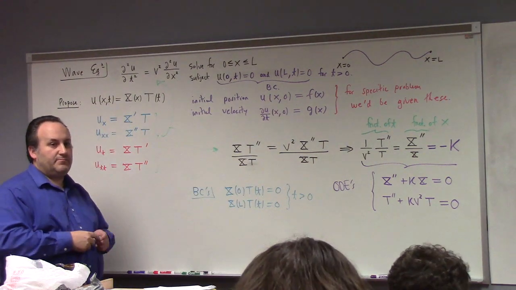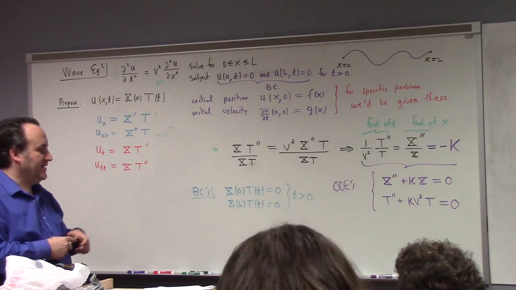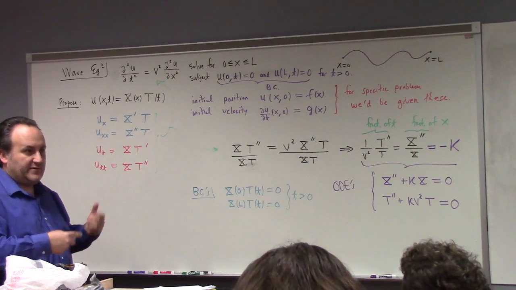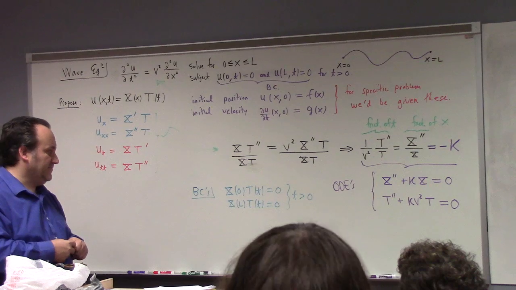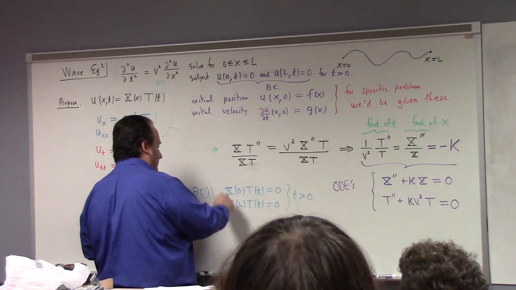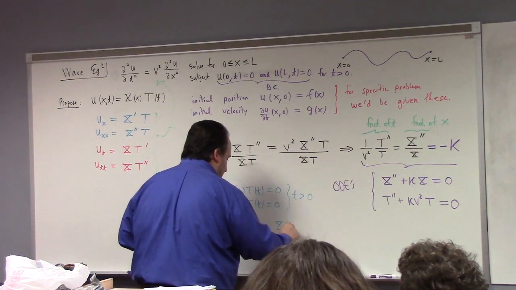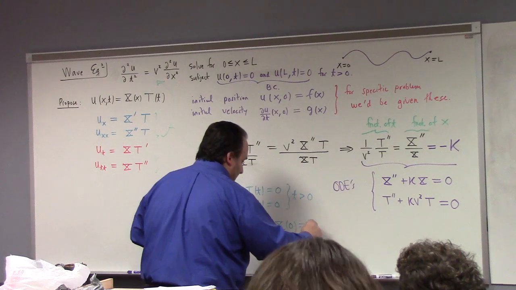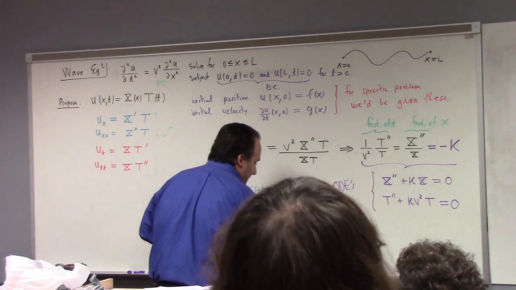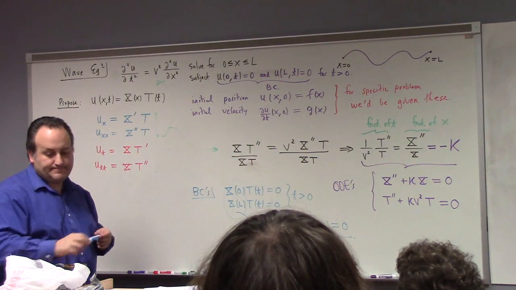I'm just plugging in the boundary conditions to the product solution. But since we're trying to find non-trivial, non-zero solutions to this problem, it must be that these guys are separately 0. So what we really need is that the spatial part of the solution must also solve the boundary conditions directly, without any respect to time.